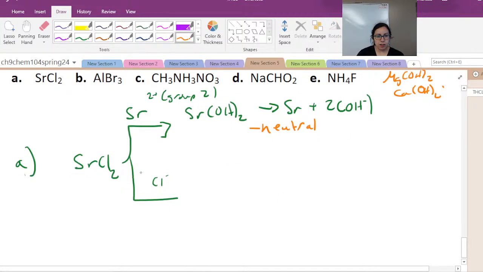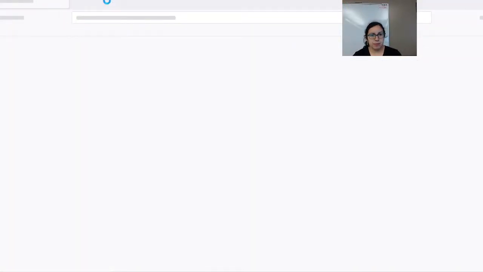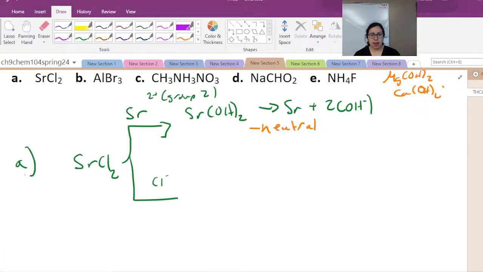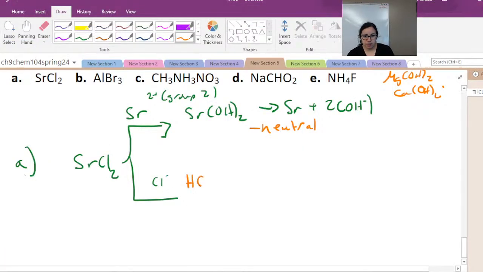And then let's look at our chlorine. What's our chlorine analysis? What acid does chlorine come with? What's it paired with? Remember, think simply. Yeah, so HCl. Is HCl a strong acid or a weak acid?